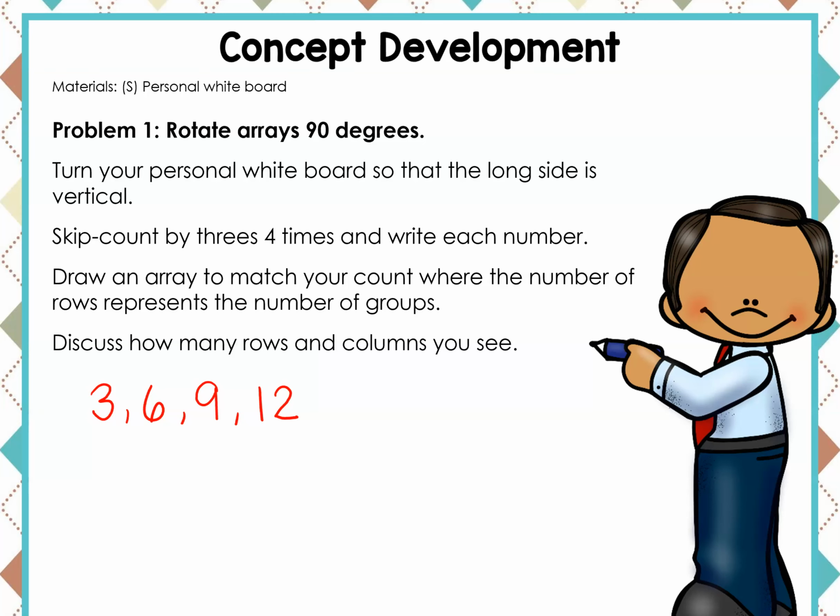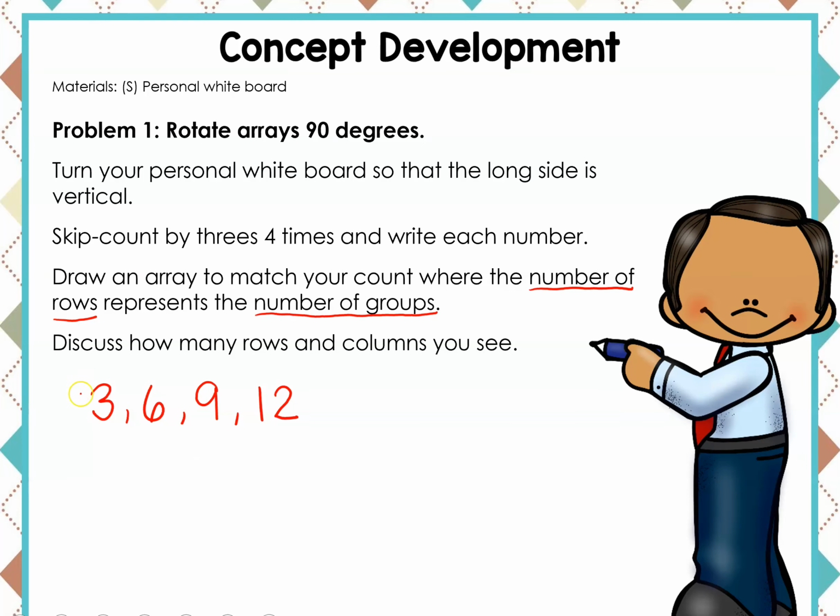So now we need to draw an array to match our skip count where the number of rows represents the number of groups. All right, so let's go ahead and draw our array. So I know that I have 3 in each group.